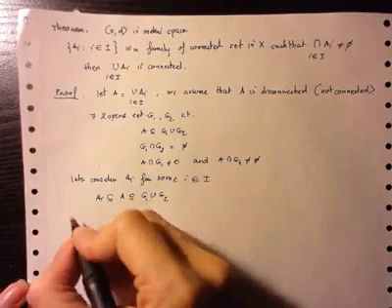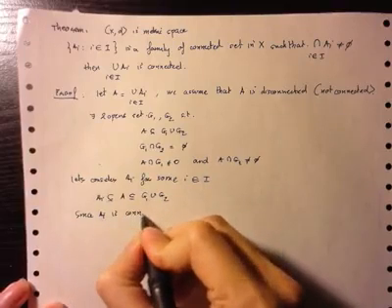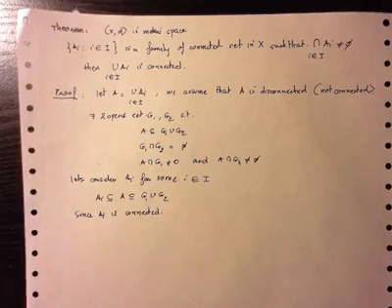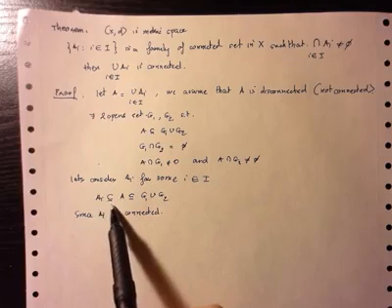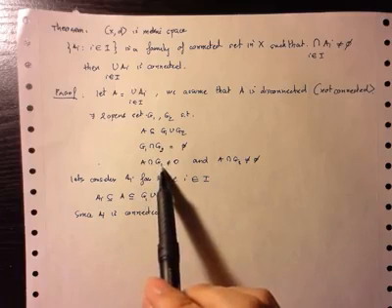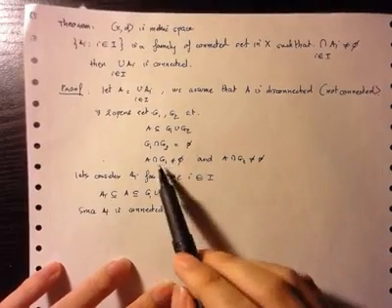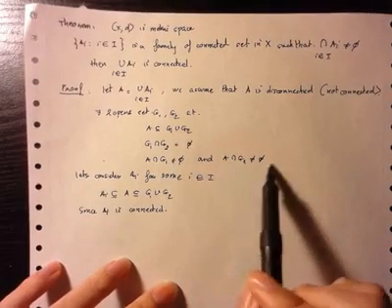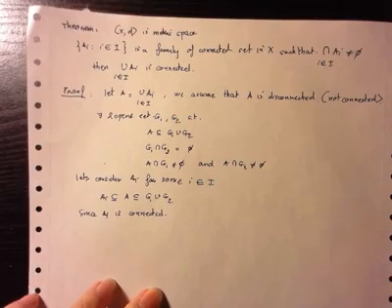So let's put, since A sub i is connected, it means that if A sub i intersection G1 is not the empty set and A sub i intersection G2 is not the empty set, it means that A sub i is disconnected, right?